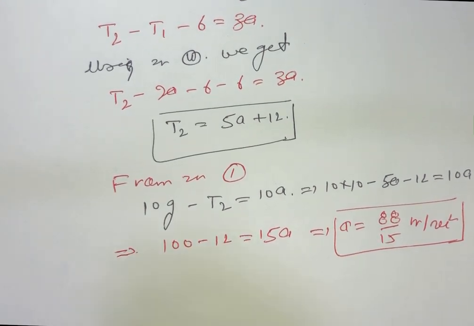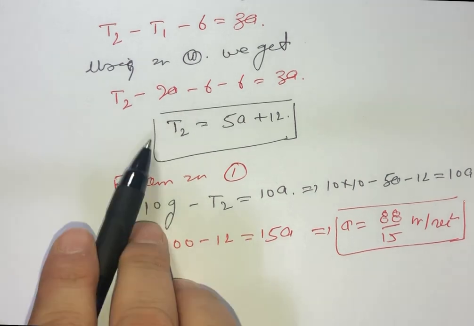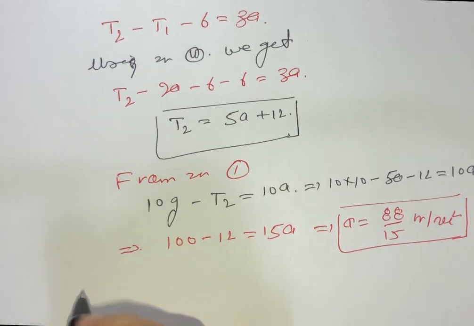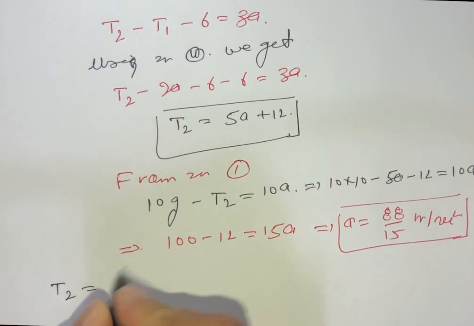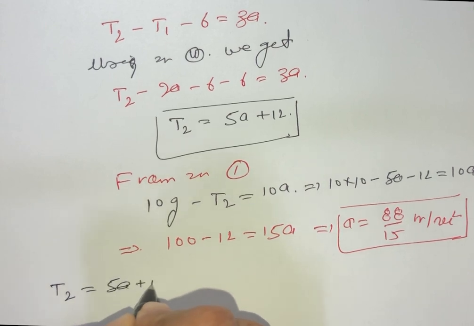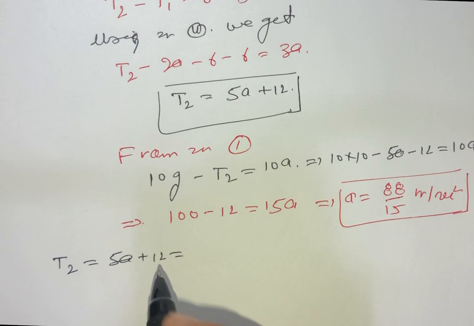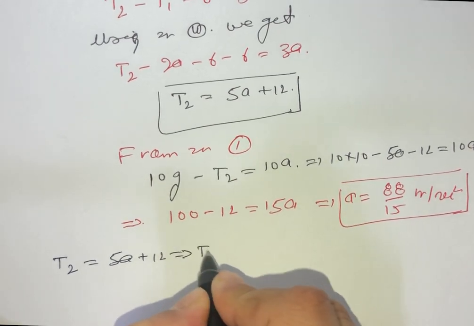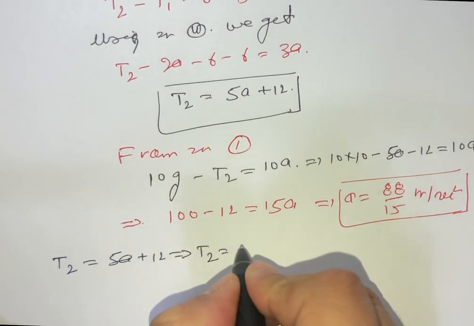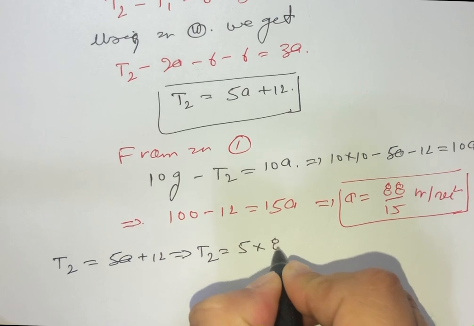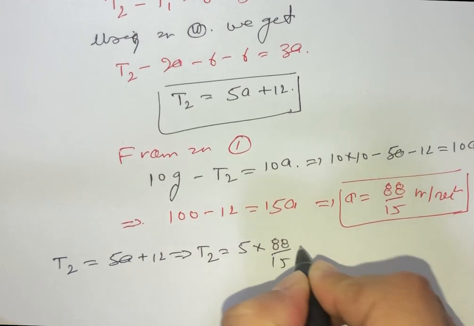Now we can find out the value of T2 as well as T1. So we know the T2 equation. T2 is equal to 5a plus 12. We substitute the value of a. So this gives us T2 is equal to 5 multiplied by 88 divided by 15 plus 12.